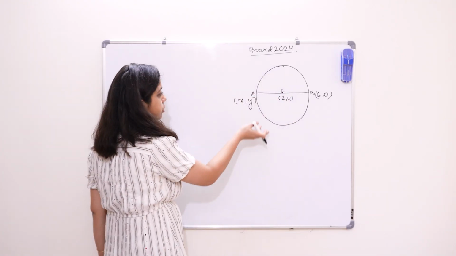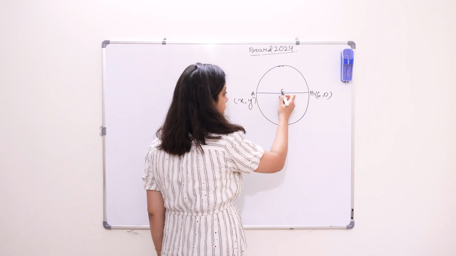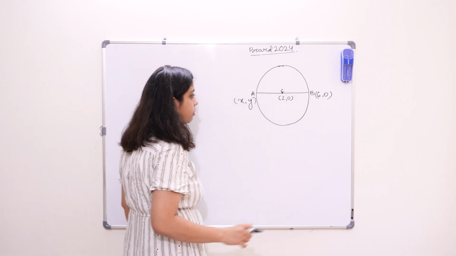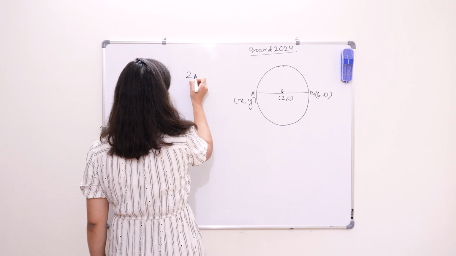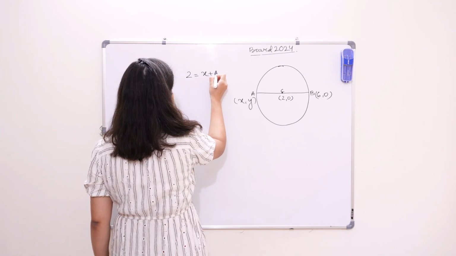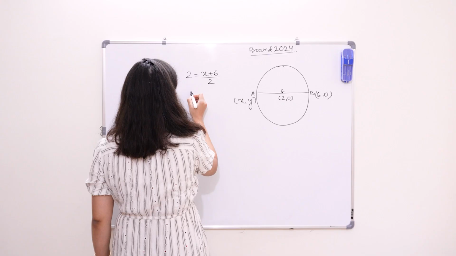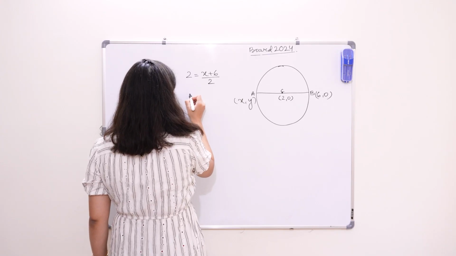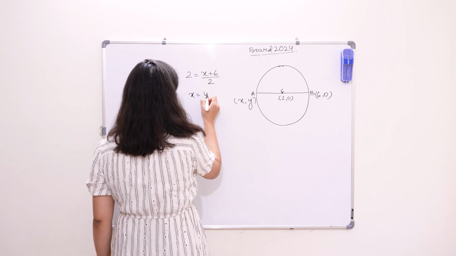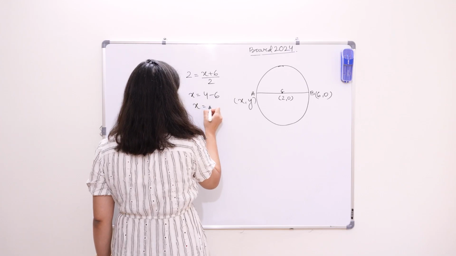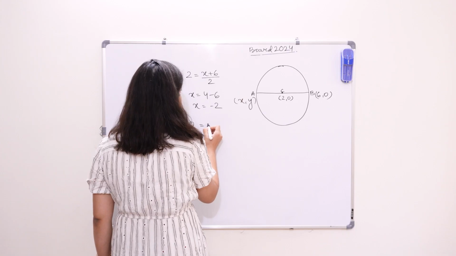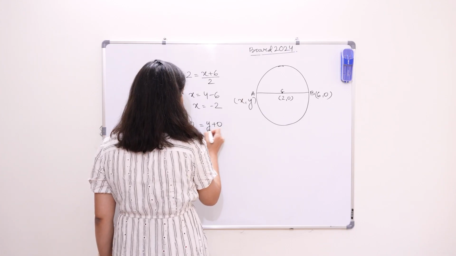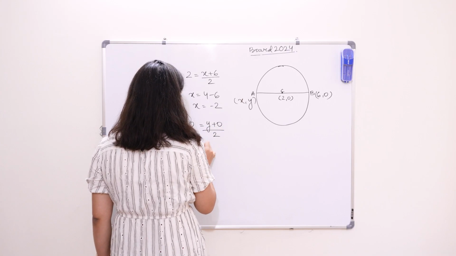So basically here also I have to do the same work, because this is the radius, which means this will be the midpoint. So the midpoint formula will be applied here, which means we can define it like this: 2 should be equal to (x plus 6) divided by 2, which will give you x is equals to 4 minus 6, x is equals to minus 2. Then you will have 0 is equals to (y plus 0) divided by 2, which means y is equals to 0.